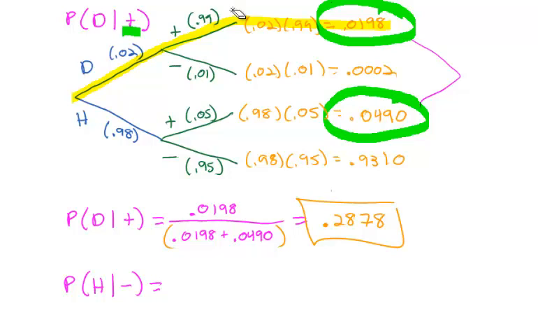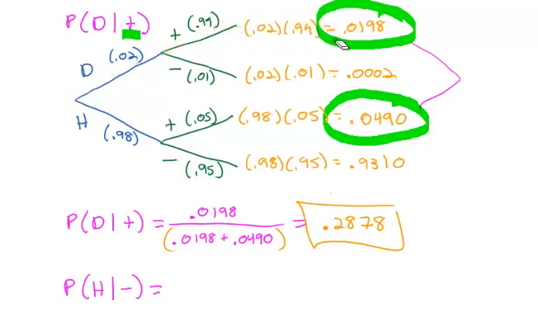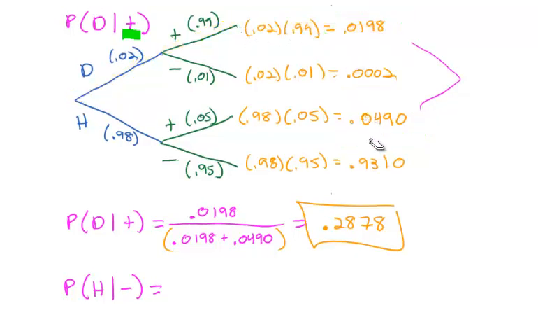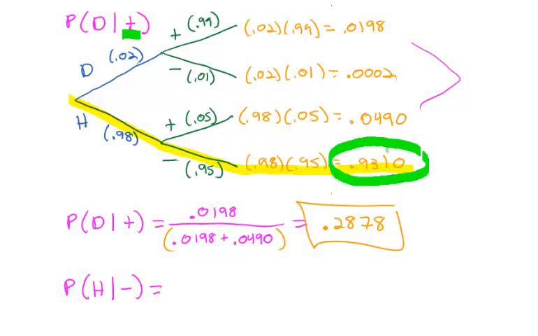Well, now I have to clear out my colors here because we're interested in different things now. Now we are most interested in being healthy with a negative result and comparing it with being healthy, just all the negative results. Negative and negative.